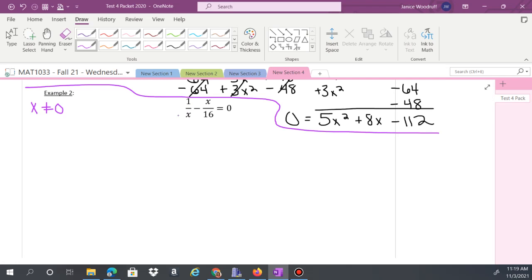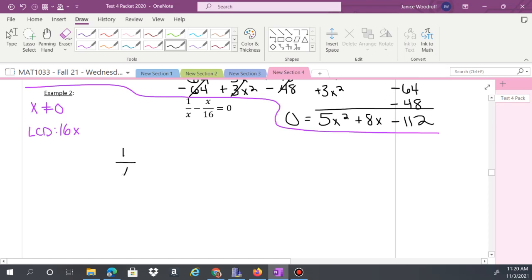Step 3, I want to find my common denominator. What is my common denominator here? I want one of each. So I want an x, I want a 16. So 16x is my common denominator there.